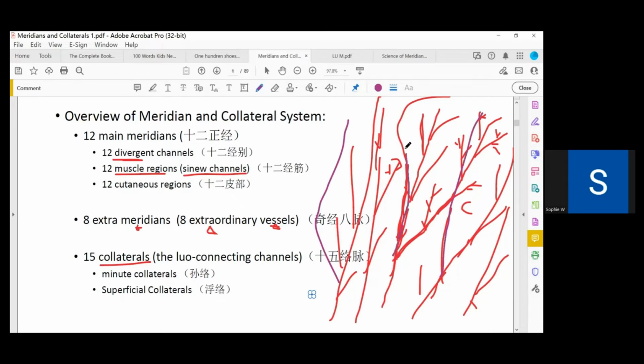These special ones are the divergent. That's why, since there are 12 main meridians, there will be 12 divergent, because each main meridian has one divergent.